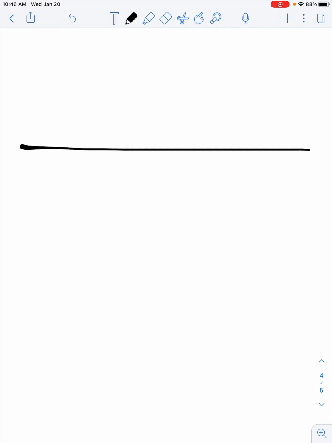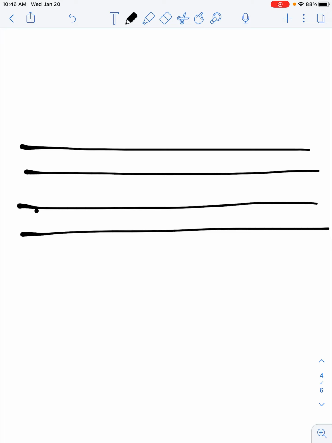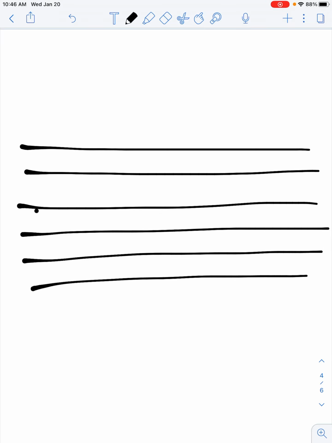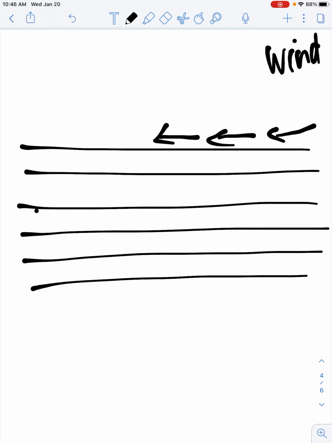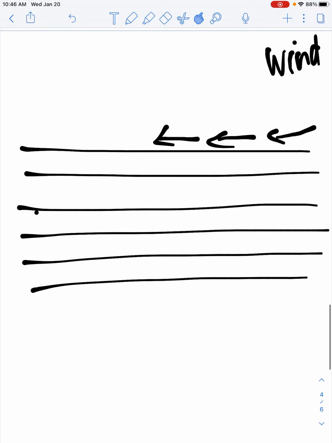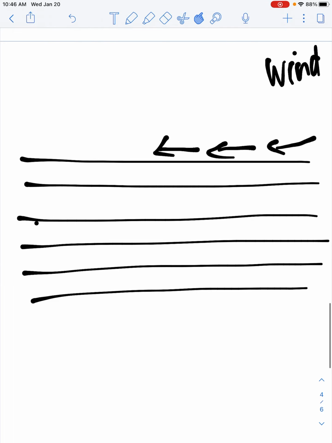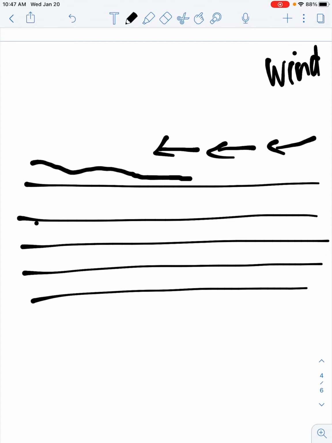So you might have lots of rock layers, and let's say we get wind from one direction for maybe thousands and thousands of years, a long time. That wind blows across and gradually wears away some of this layer. Some of that layer gets worn away, so there's only a little bit left of it, and it gets eroded away. Okay?